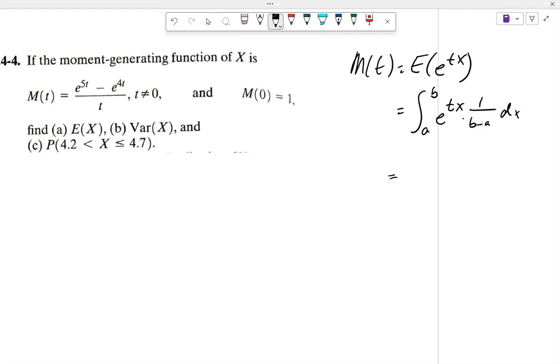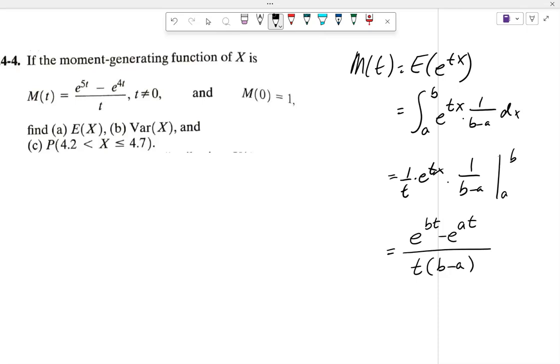The antiderivative for that is going to be what? It'll be e to the tx, and then out in front it'll be a 1 over t, right? Because we're going to undo it. And we still have the 1 over b minus a here, and we'll evaluate that from a to b. So on top you'll end up with e to the bt minus e to the at, and on bottom you'll have t times b minus a.